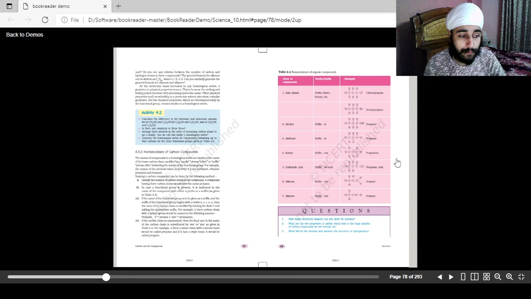So 3 carbons, prop, single bonds between carbons, ane, and oic is for this functional group, so propanoic acid. Alkene, that is 3 carbons with a double bond in either of these 2 positions, but we need to satisfy the octet of each carbon.